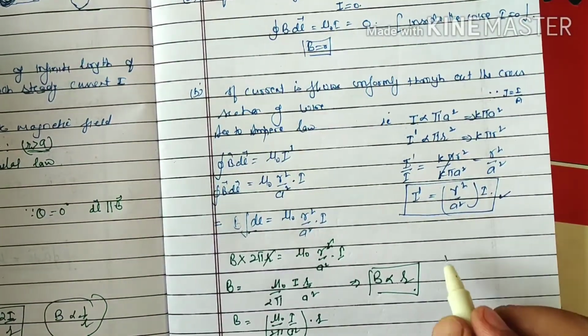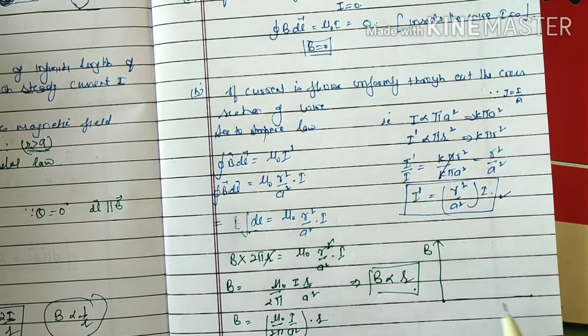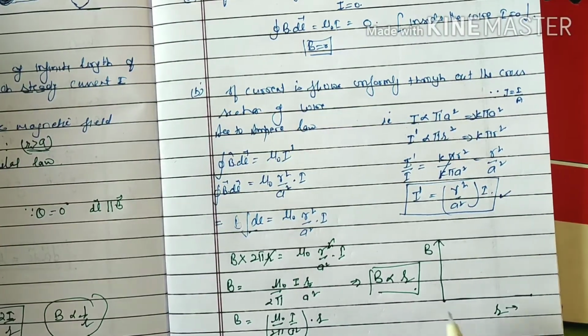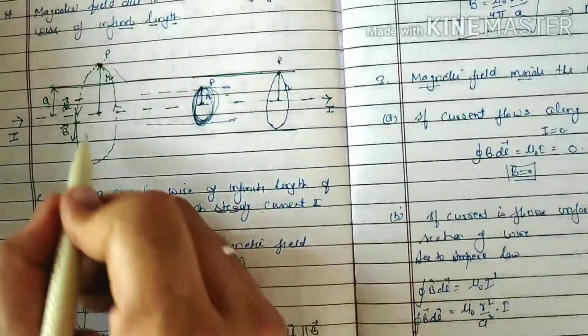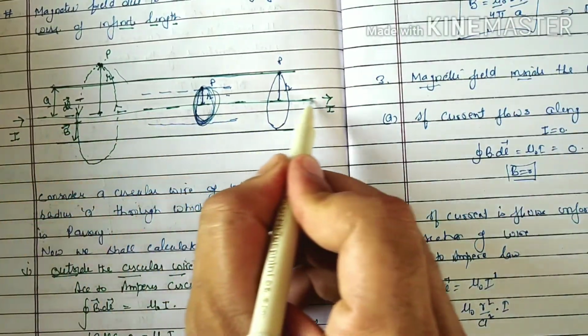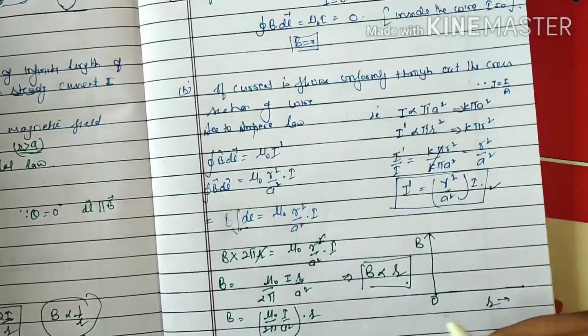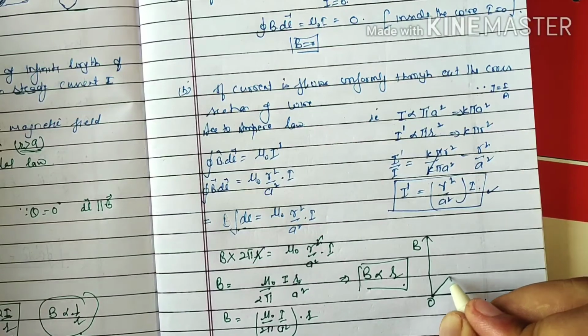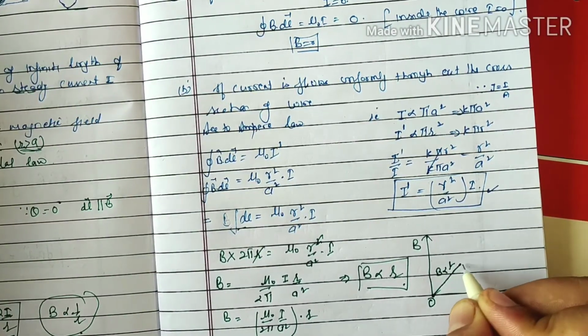And when we plot the graph of B versus r, here we have the center of this circular wire, the axis of this wire. In this case we have studied B directly proportional to r from inside to the surface.